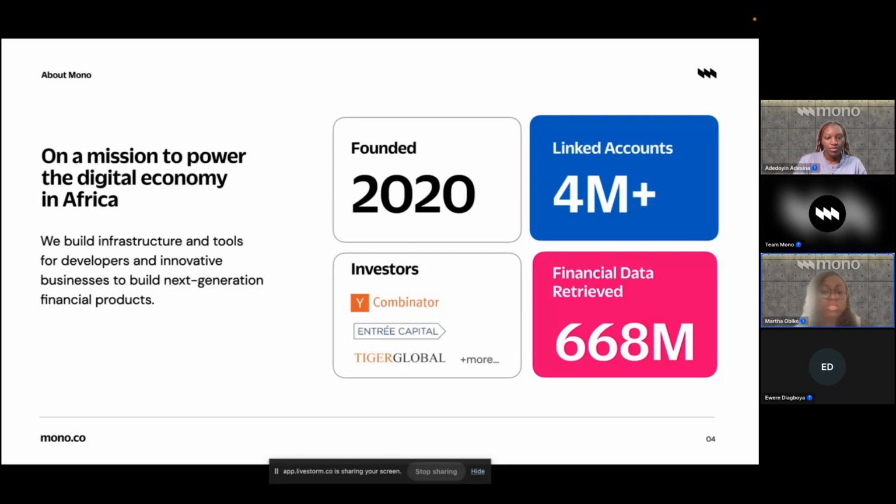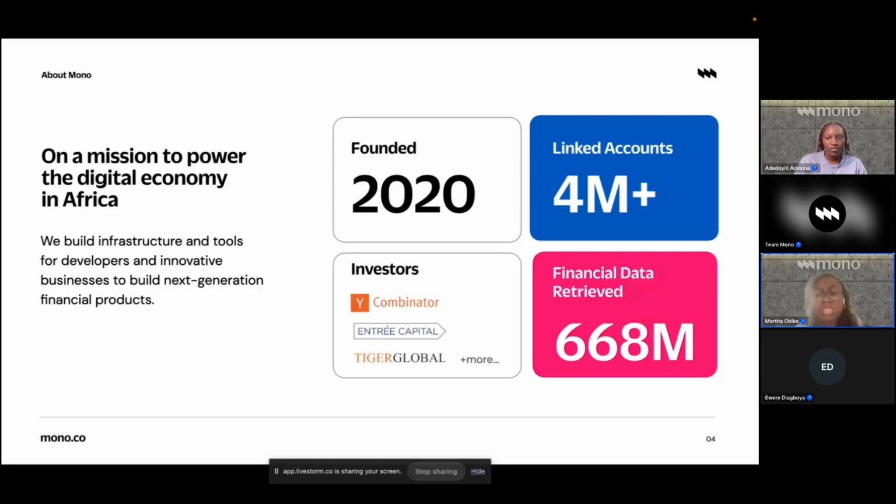Perfect. So at Mono, our mission is simple, really, to power the digital economy in Africa. We started in 2020, and so far we have helped users link their accounts with businesses to be able to share their financial data. We have 4.4 million plus linked accounts.